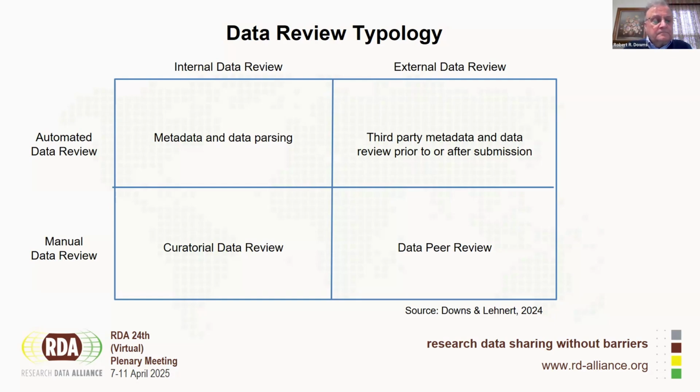If they are initially only providing internal data review, and it's a manual process, that could be, say, curatorial data review. Other repositories have different names for that, but that would be in the lower left quadrant.